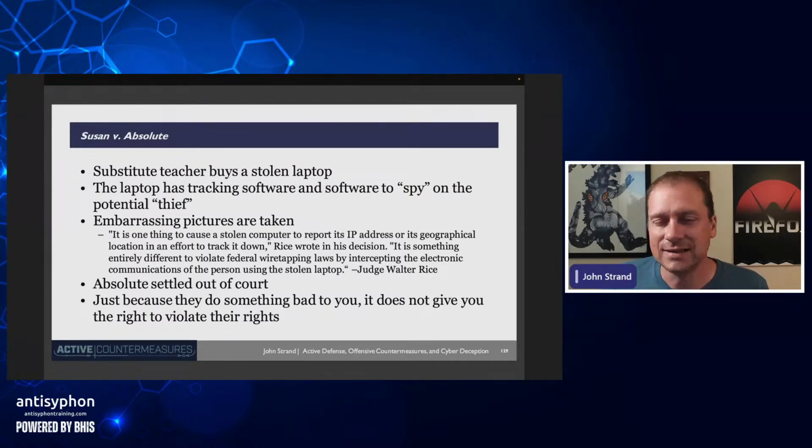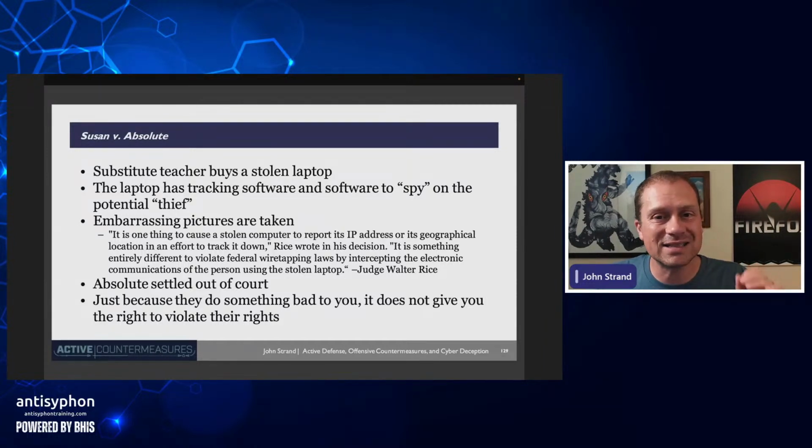Whoa, whoa, whoa. Susan Clements Jeffrey finds out about this, and of course, she is none too happy about this, and she decides to start suing people. Now, Judge Walter Rice in this case ruled the following, said, it is one thing to cause a stolen computer system to report its IP address or geographical location in an effort to track it down.